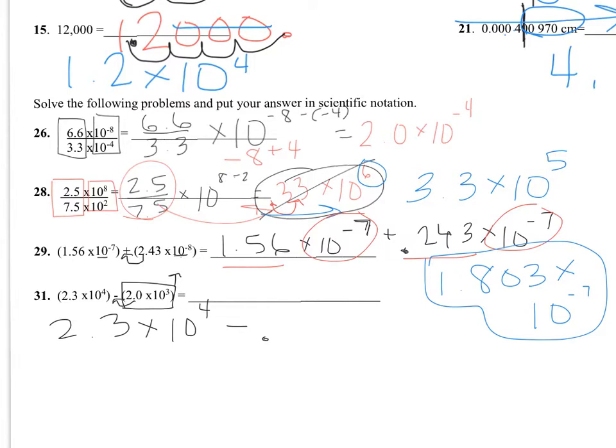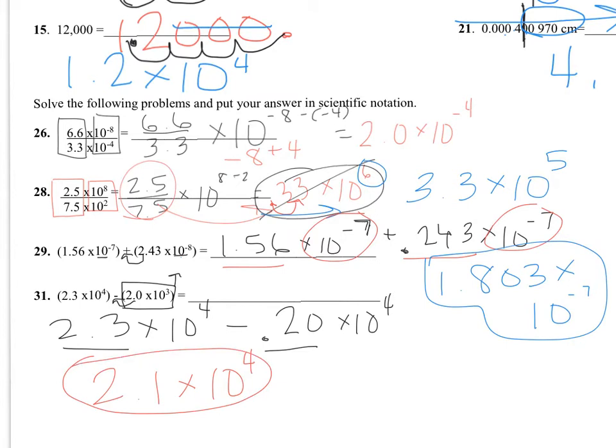So minus 0.20 times 10 to the 4th. Now I can just subtract 2.3 minus 0.2, and our answer, 2.1 times 10 to the 4th.